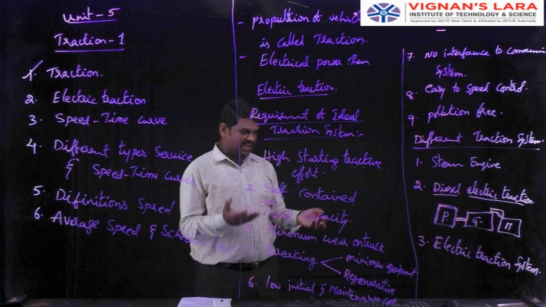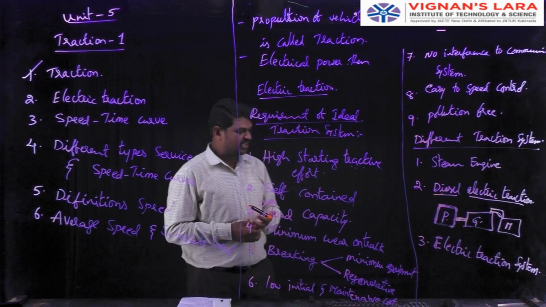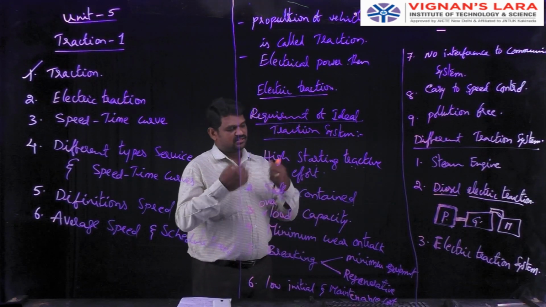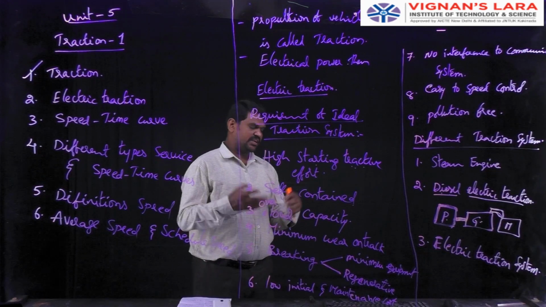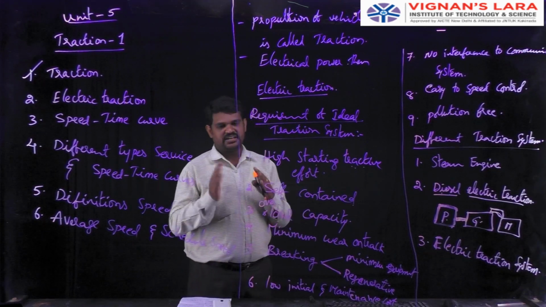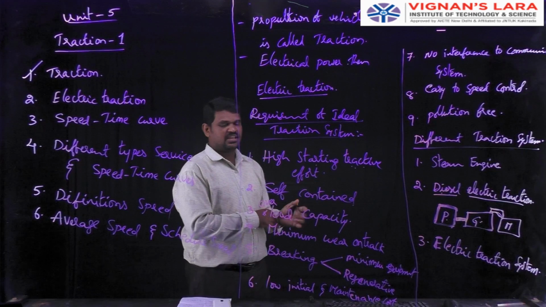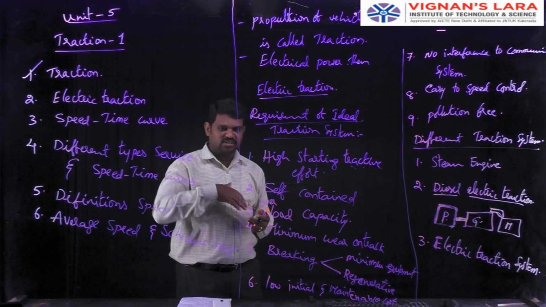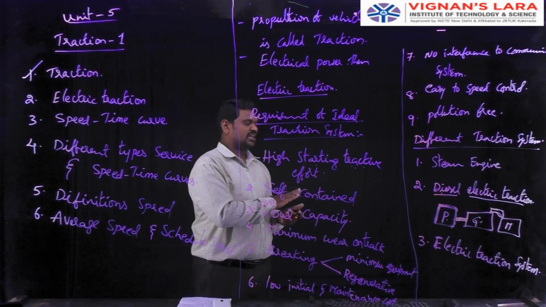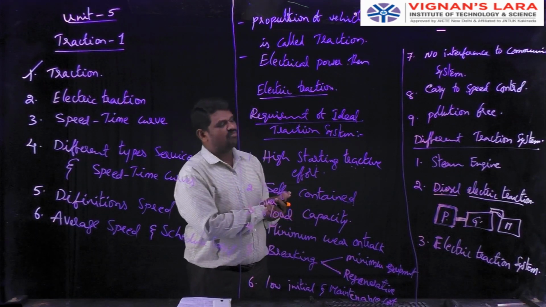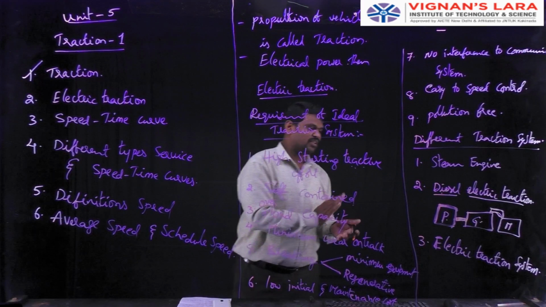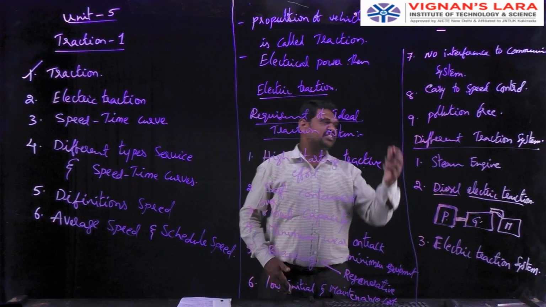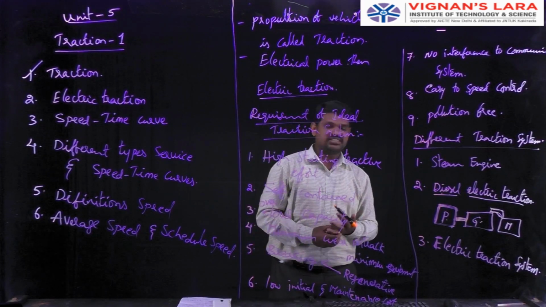The engine has a transformer and a rectifier, and the rectifier converts AC to DC. Or if DC is directly available, we step down the voltage to the required range of the motor. The motor propels the vehicle. So these are the different types of electrical traction system.